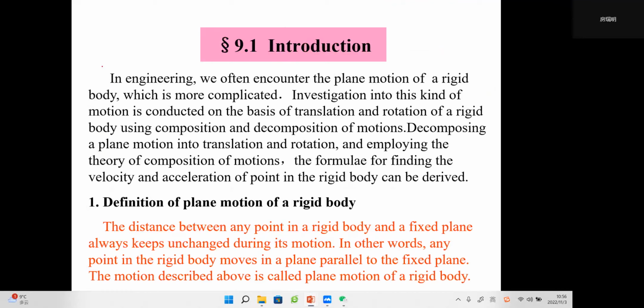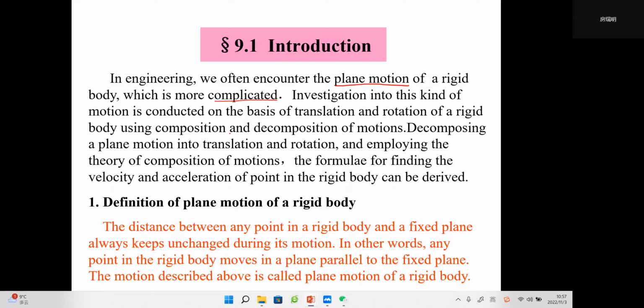So let me read the first paragraph. You guys can think about, is this true? In engineering, we often encounter the plane motion. So once again, this plane motion of a rigid body, which is more complicated or complex, right? So investigation into this kind of motion is conducted on the basis of translation and rotation of a rigid body, which we have learned before, right?